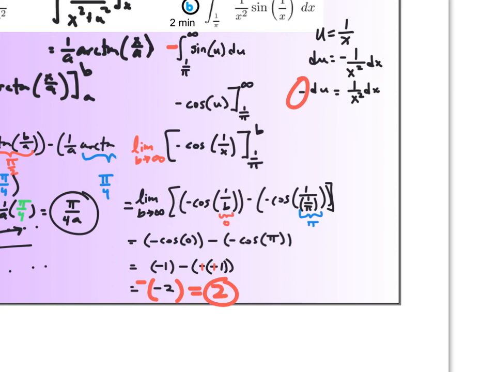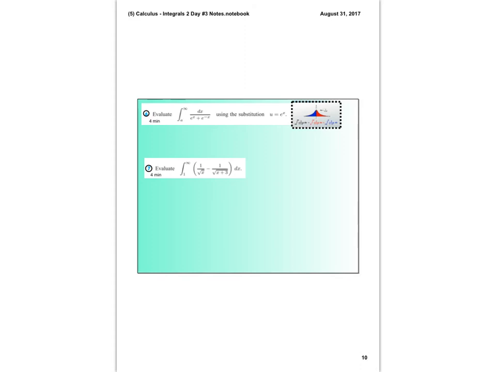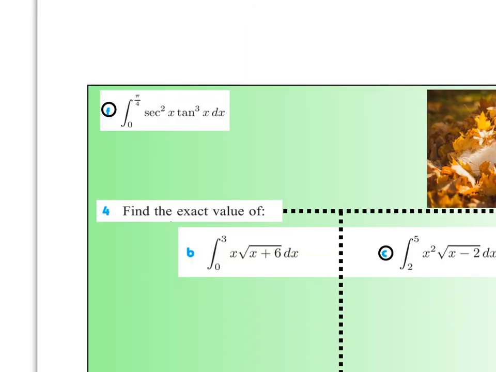Alright, I'd like to do this problem right here, which is sneaky good. If I used u substitution, said u equals tangent of x, then du would equal secant squared x.